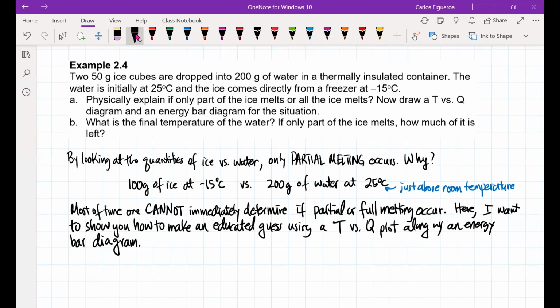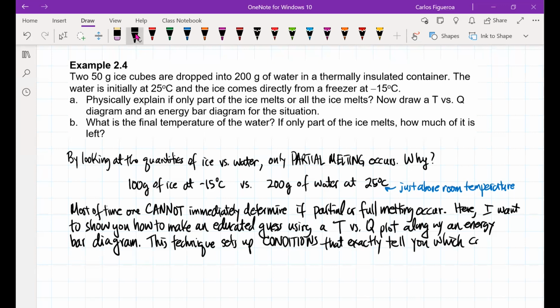So when you draw a T versus Q with this energy plot, this technique sets up conditions that exactly tell you which case it is.